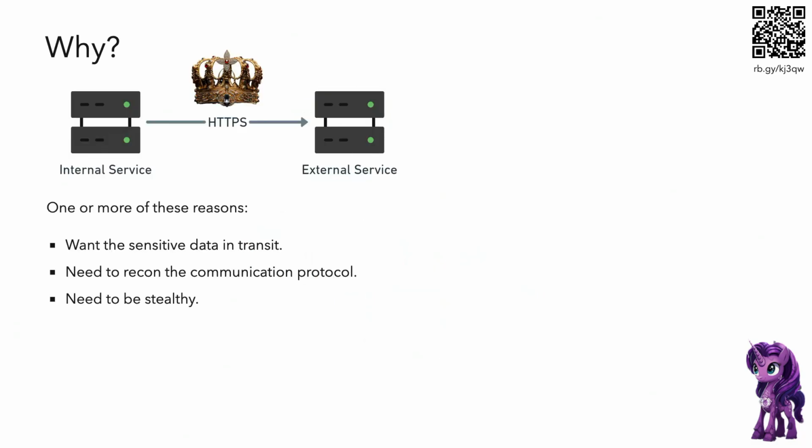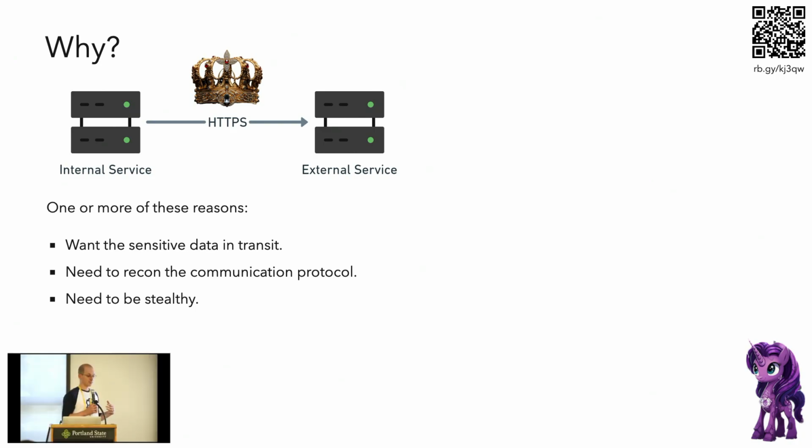So why, if you're a Purple team, are you going to choose this as an exercise? Really, it's for one of three reasons. It might be that there's really sensitive data in transit that's not easily accessible through other means.